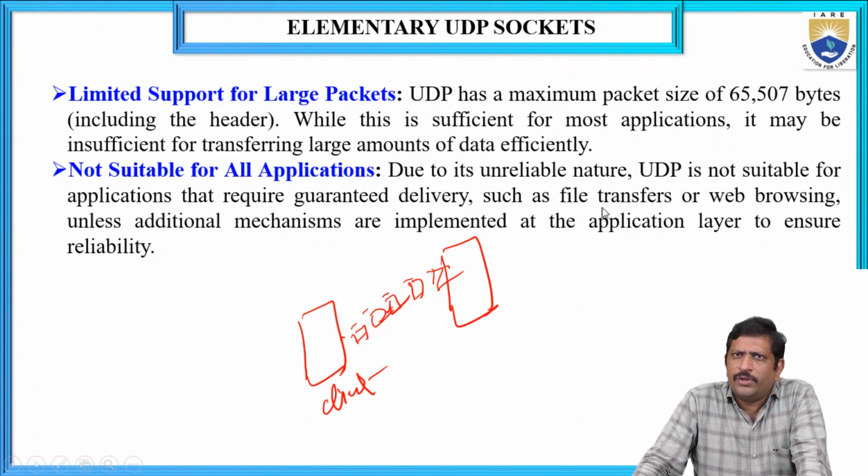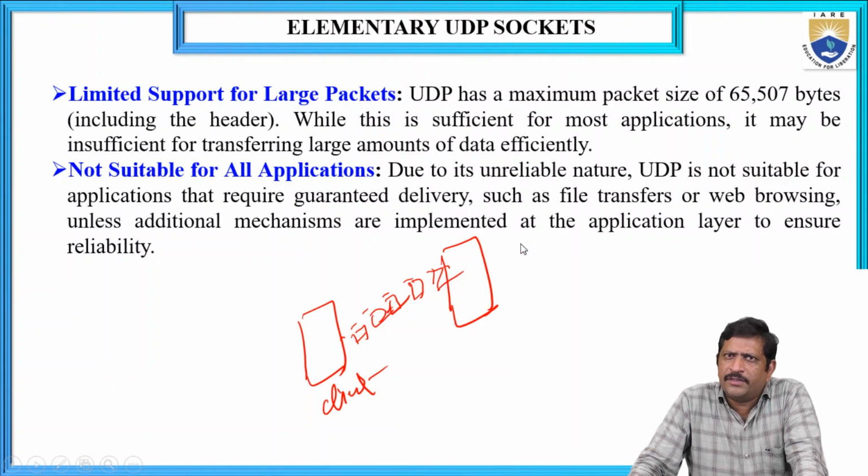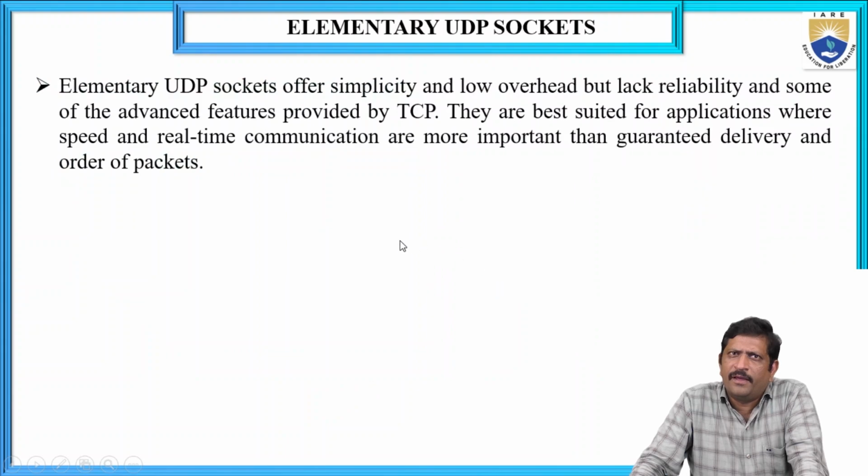Due to its unreliable nature, User Datagram Protocol is not suitable for applications that require guaranteed delivery, such as file transfers or web browsing, unless additional mechanisms are implemented at the application layer to ensure reliability.